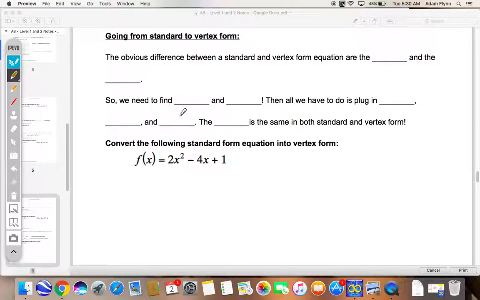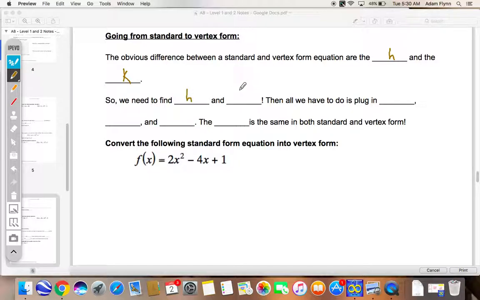Okay, so now we're going to go from standard to vertex form. For the majority of problems in this level of the standard, I'll give you a standard form equation and tell you to put it in vertex form. Or I'll give you a vertex form equation and tell you to put it in standard form. So the obvious difference between standard and vertex form equations are the h and the k.